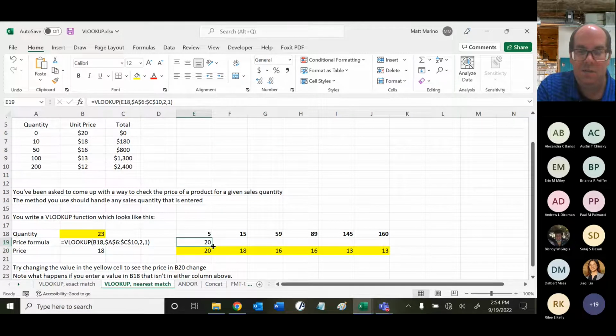So to find the answer for the other 5, you could simply autofill the formula over, and it will just change E18 to F18, G18, H18, I18, and J18.